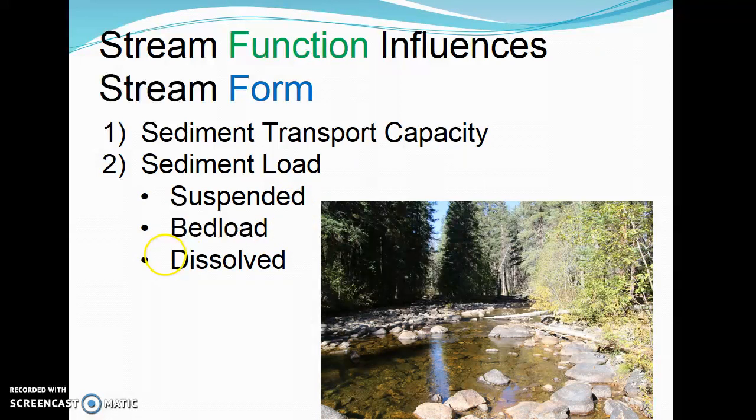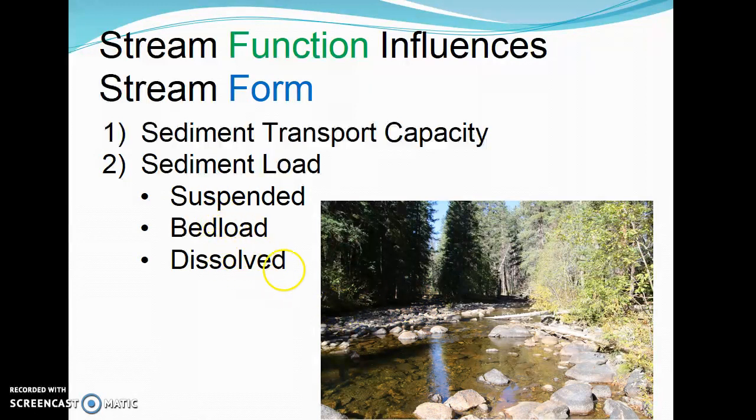The bed load would be the things down here on the bottom of the river. So all of these rocks are part of the bed load. It's whatever's on the bottom. So the size of the bed load and how fast that bed load is moving will eventually affect the form of the river.